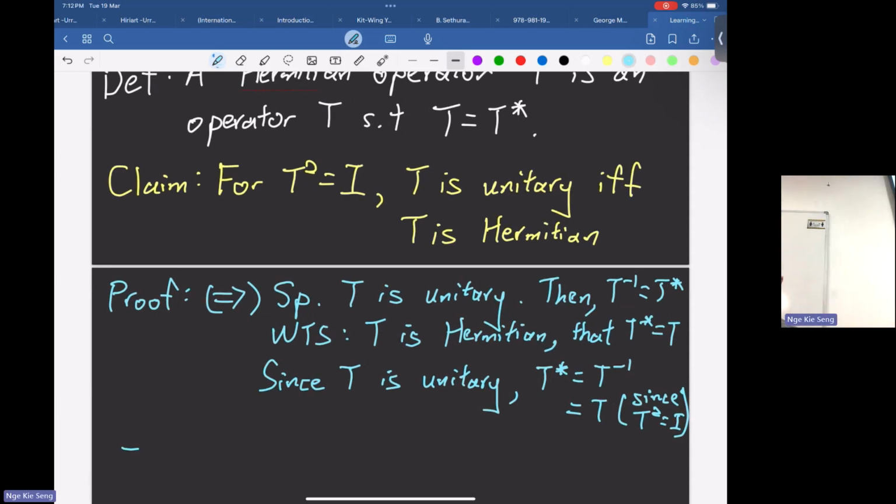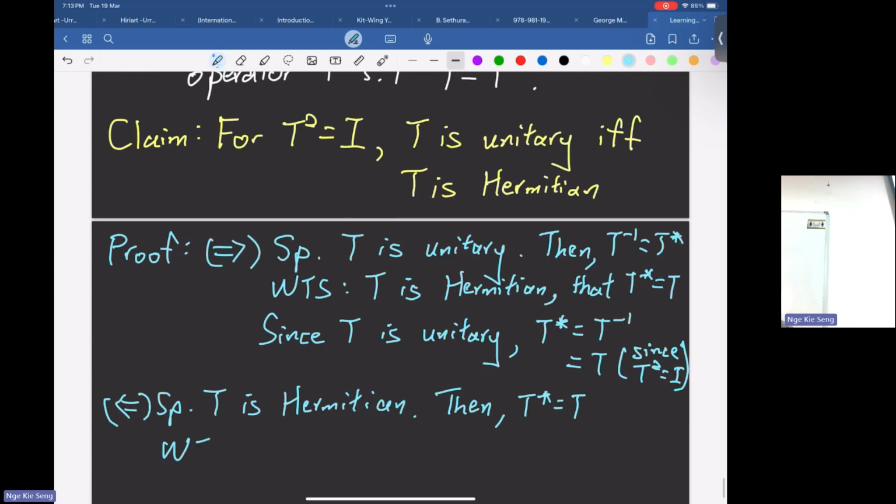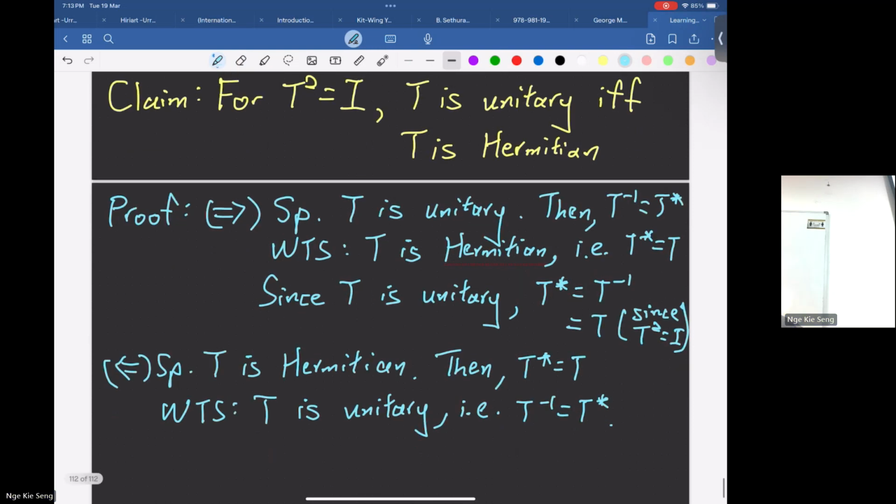How about the other direction? Suppose T is Hermitian. Then the adjoint of T is T itself. What do we want to show? We want to show that T is unitary, that is, T inverse is T dagger.